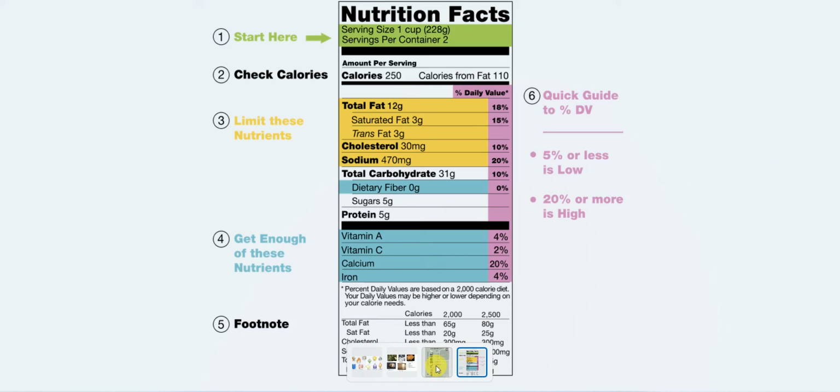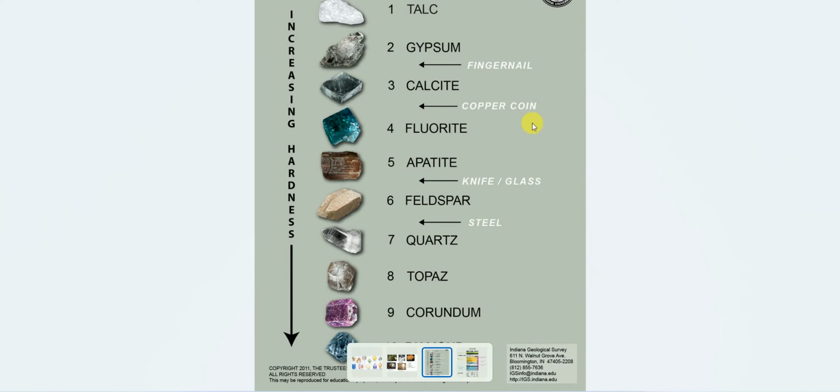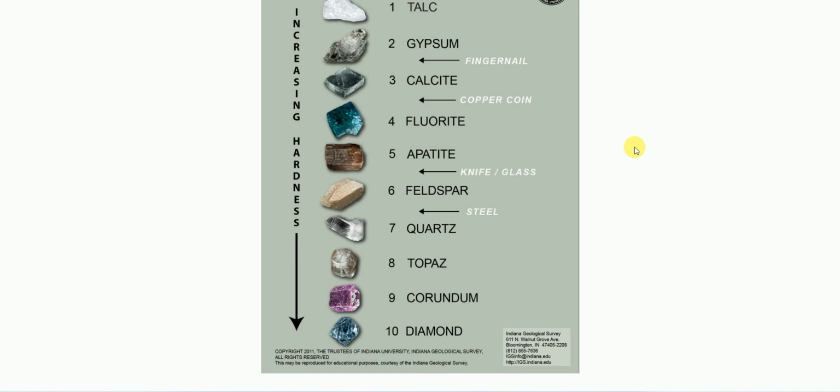Here is the hardness scale, the Mohs scale, we call it. Hardness increases downwards.